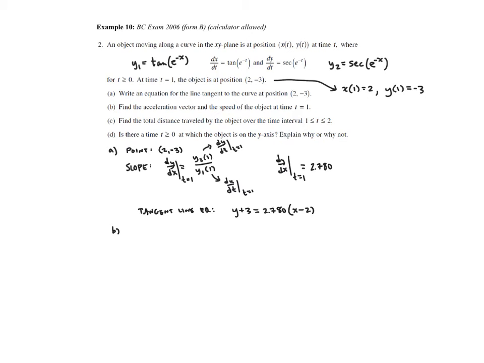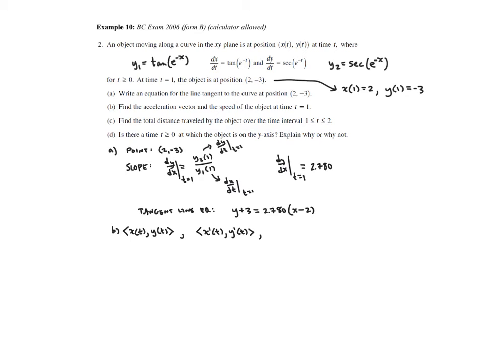Okay, so the position vector, x of t, y of t, that's the position vector. The velocity vector will be x prime of t, y prime of t.